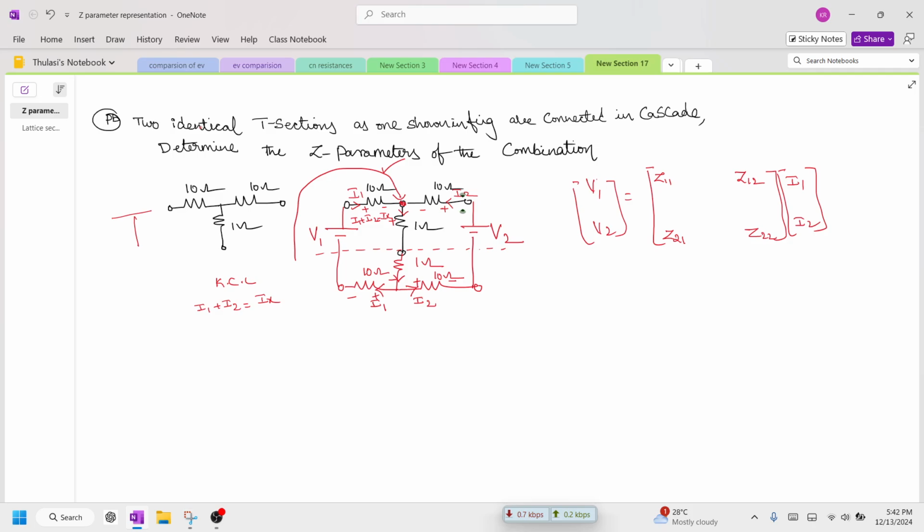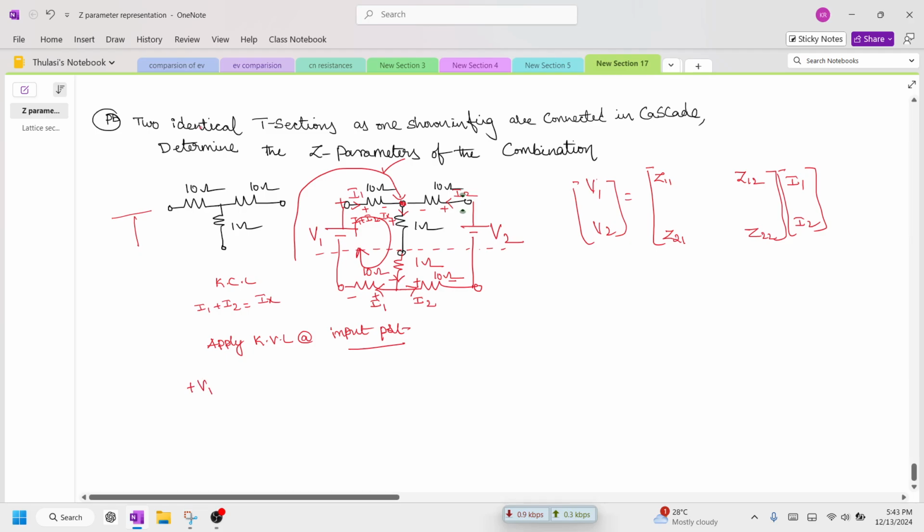Now I'm going to apply Kirchhoff's voltage law at the input port. At the input port, I have already applied it. So you see here, current is leaving. What is the polarity of the voltage? Plus V1. So this is plus V1, and current is leaving. What is the leaving polarity? Minus, which is nothing but minus I1 into 10.